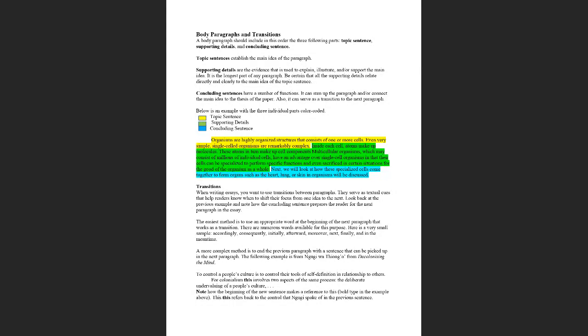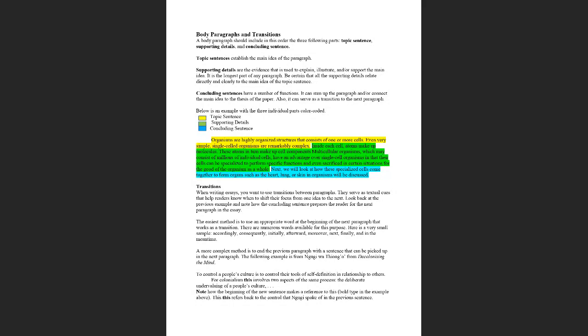You do want to make sure that you have transitions. What transitions do is they move your reader easily from one point to the next. There are easy ways to do transitions and more complicated ways to do transitions. Easier ways are just to attach new words such as accordingly, next, second, finally, meantime.